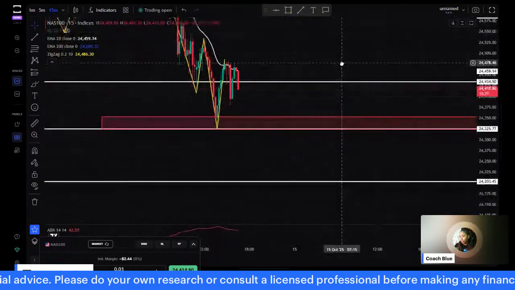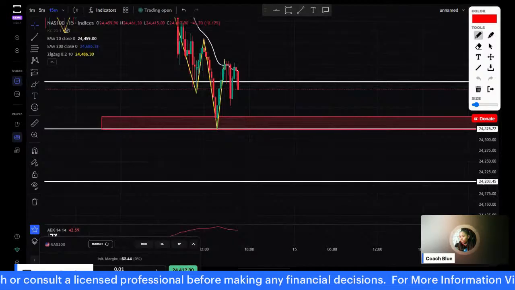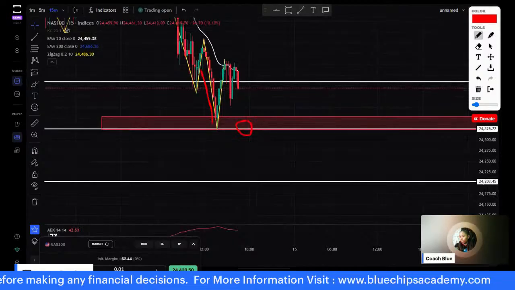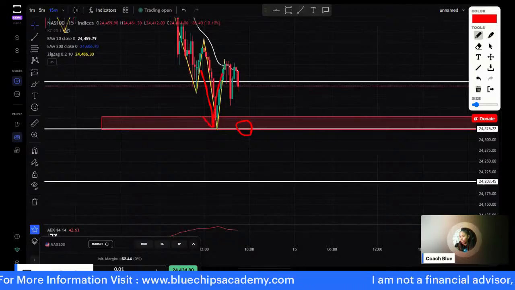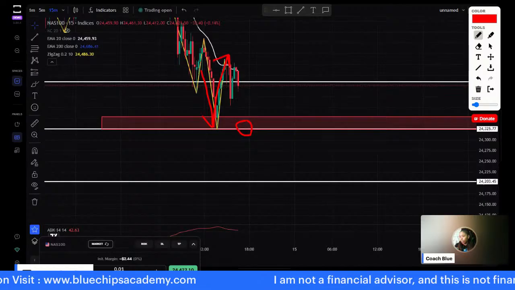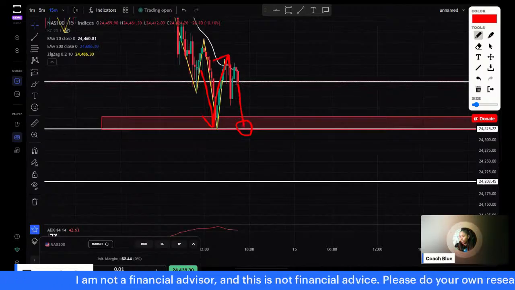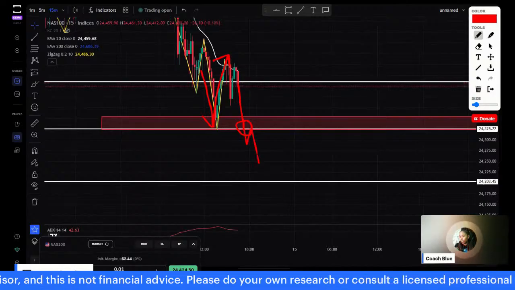Not bad, but it's going to be very interesting to see what price does right here, because we know when price came down here the first time, what did it do? It bounced right on up. So if price gets back down to this area, will the bears have enough strength to break out, pull back, and continue?